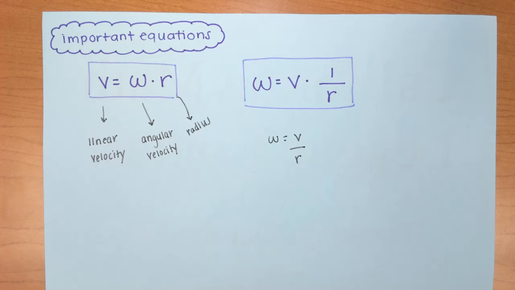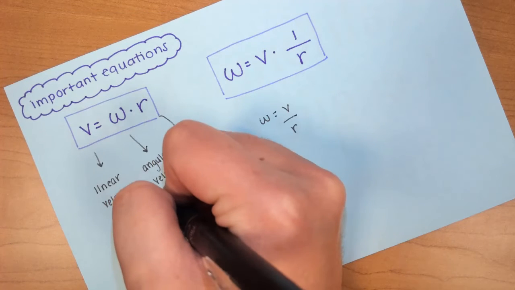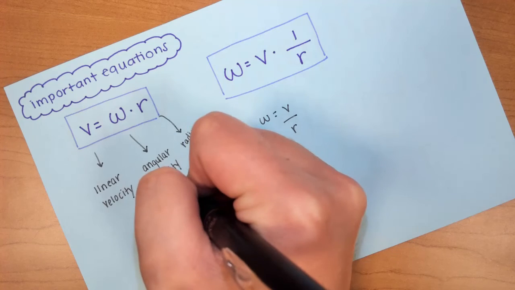Okay, let's give this a go. The one last thing you want to make sure always happens is anytime we are looking to find the linear velocity, angular velocity is always going to have to be in radians.